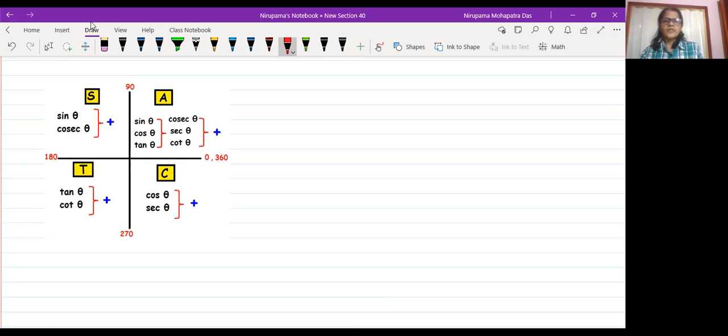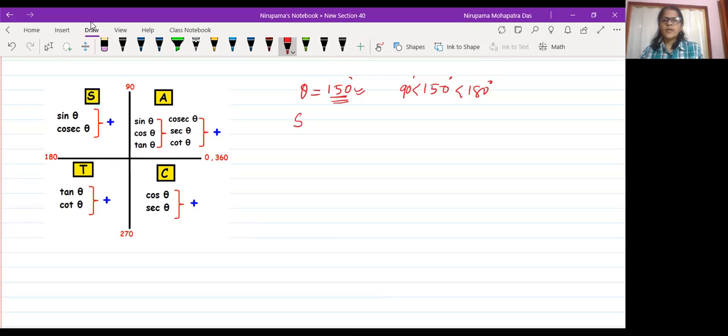So what does it mean? Suppose, for example, theta equal to 150 degree. We have to see that 150 degree is greater than 90 degree and less than 180 degree. It means 150 degree is an angle in the second quadrant.